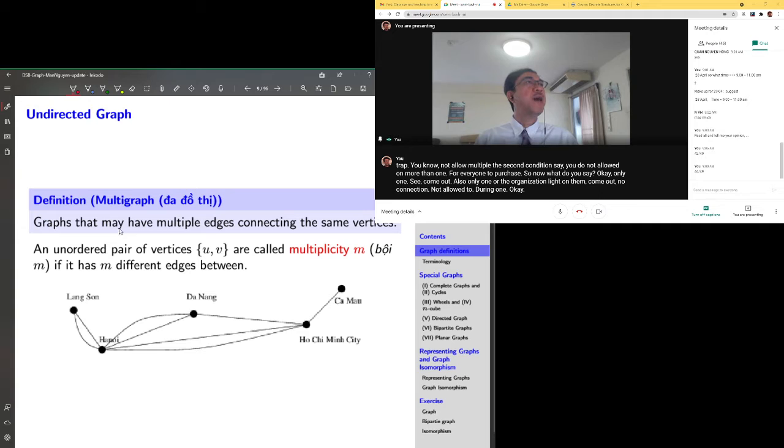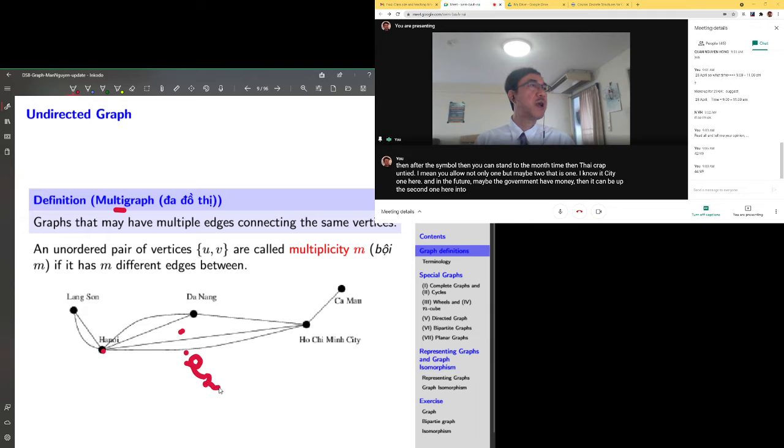And after the simple graph, you can extend to the multigraph. Multi means you allow not only one, but maybe two, like this one: Hanoi to Ho Chi Minh City, one here, and in the future maybe the government has money and can build the second one here, E2.